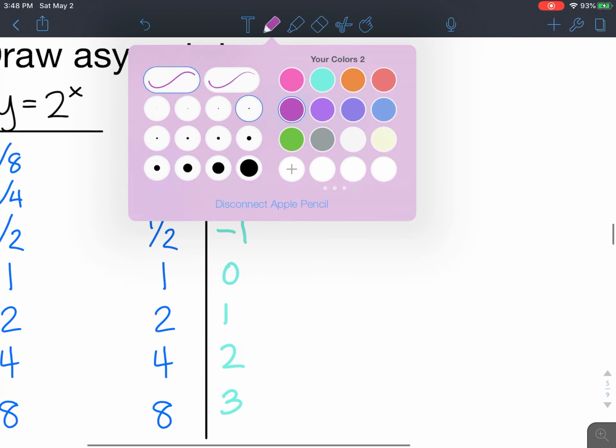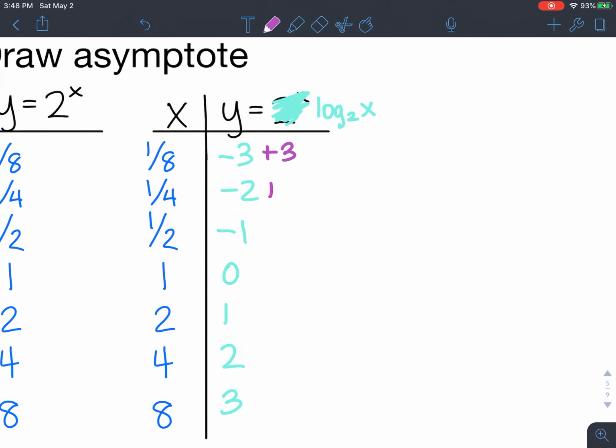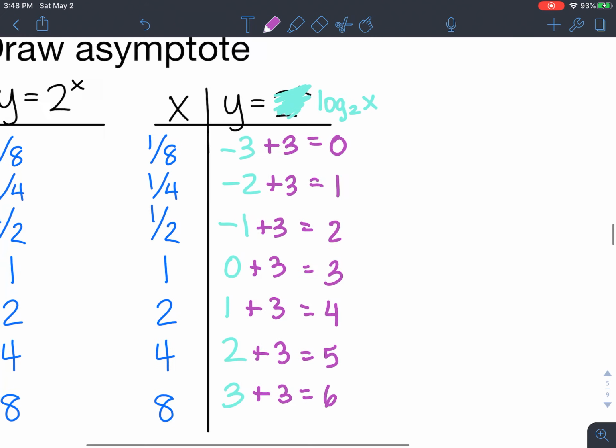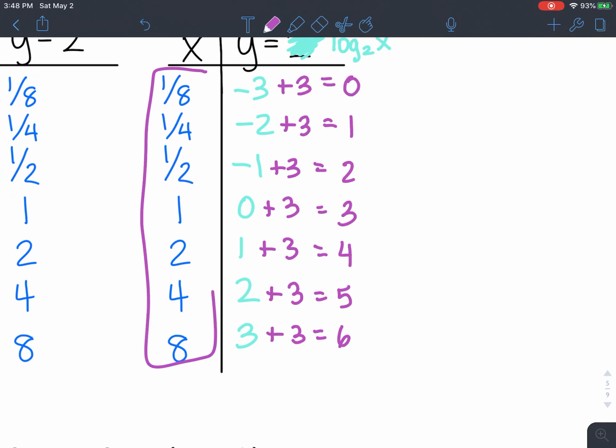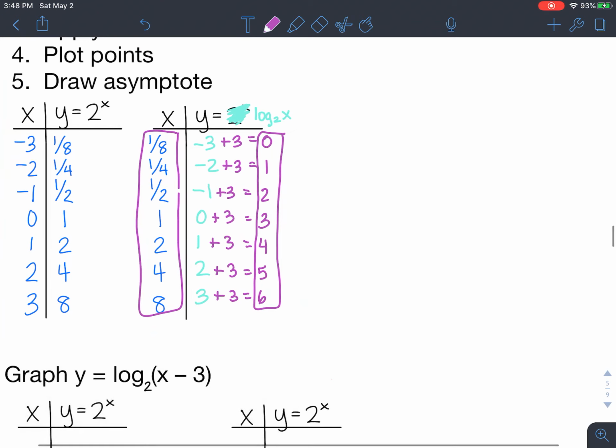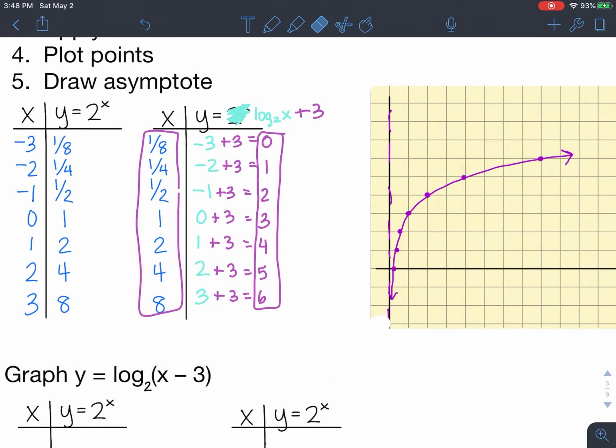So we're going to add 3 to all the y values. And then we'll write the new values over here. And so this column and these corresponding y values, this is going to be what you're going to graph to get log base 2 of x plus 3.